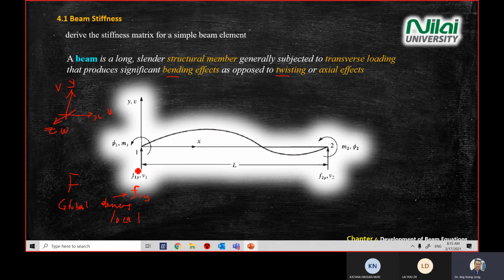So in chapter 4, we will look at the vertical component. For the vertical component, we will use v, and the notation 1 refers to node 1 or location number 1.